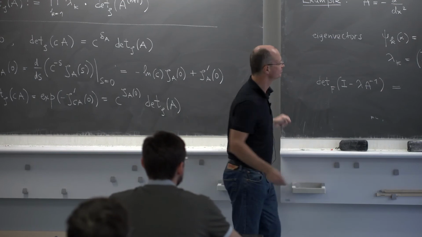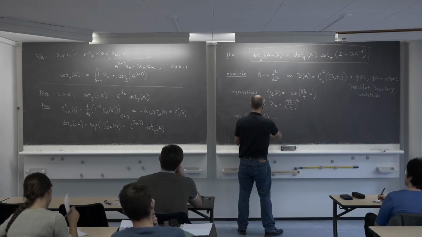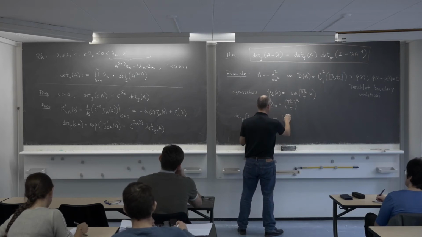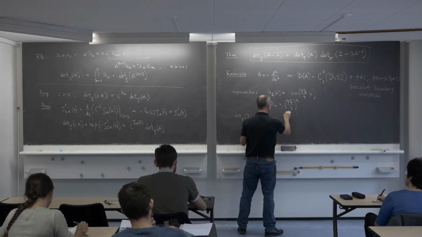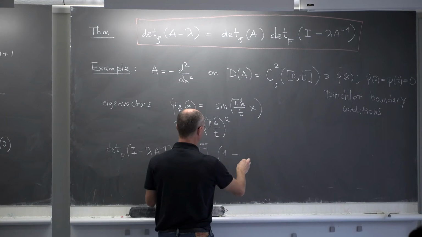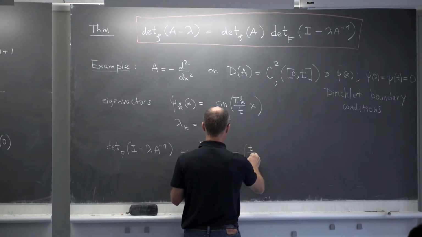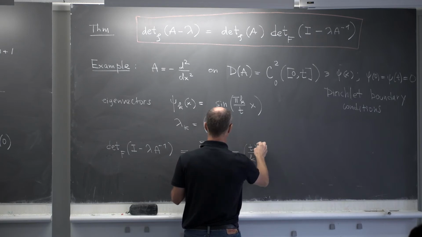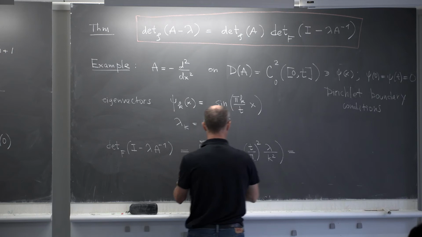All right. So what is this determinant, right? That's an infinite product, and here we should put 1 minus lambda t over pi squared over k squared.